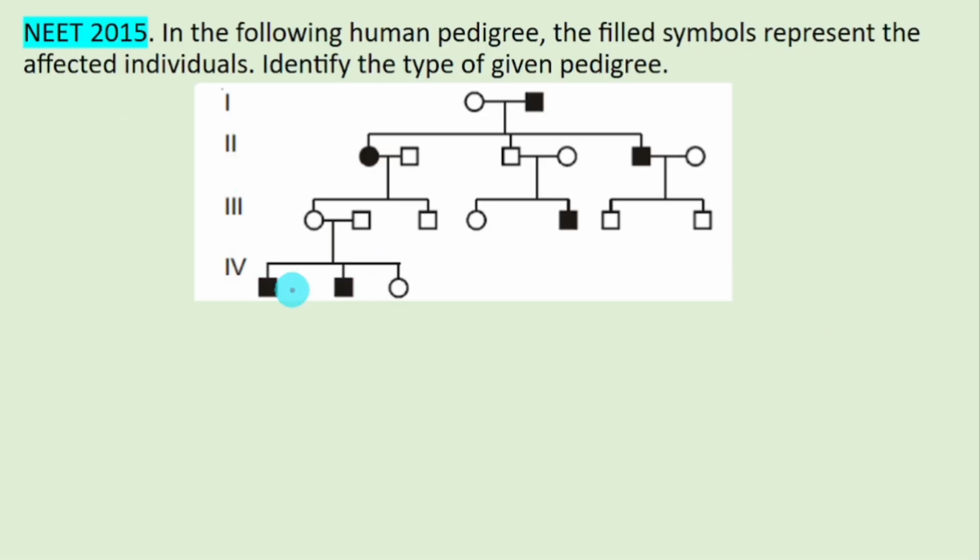So based on this, we have this question asked in NEET 2015. In the following human pedigree, the filled symbols represent affected individuals. Identify the type of given pedigree. So what do you see here? 4 generations are shown. So father, then this daughter is affected, this son is affected, this son is unaffected.